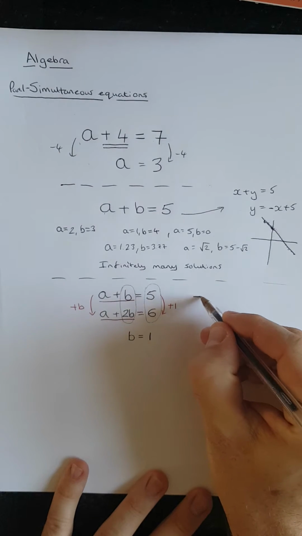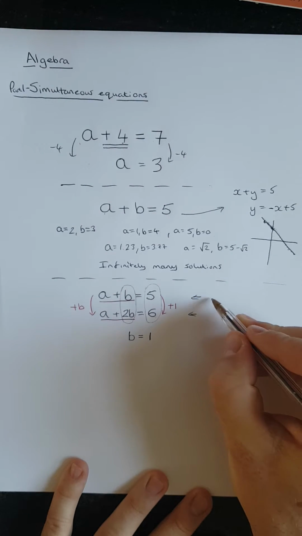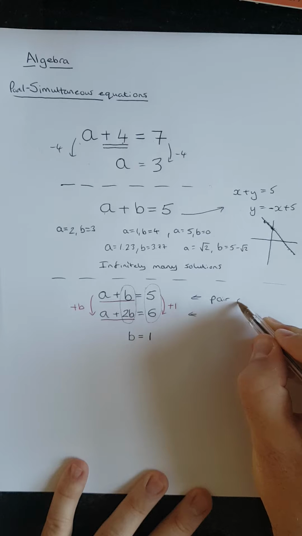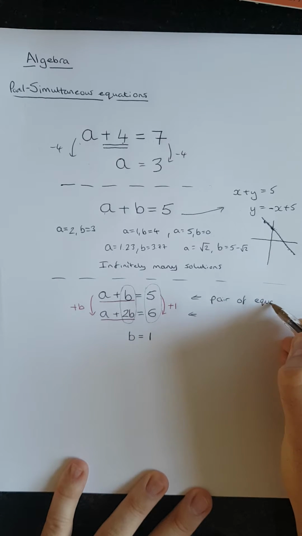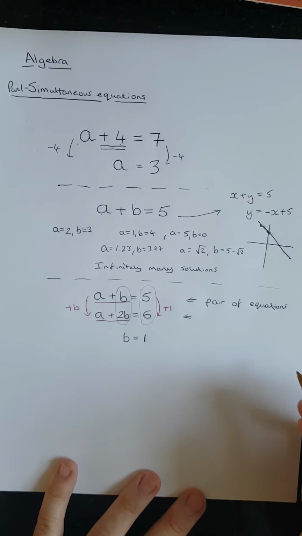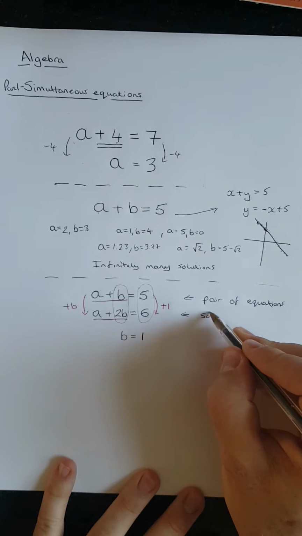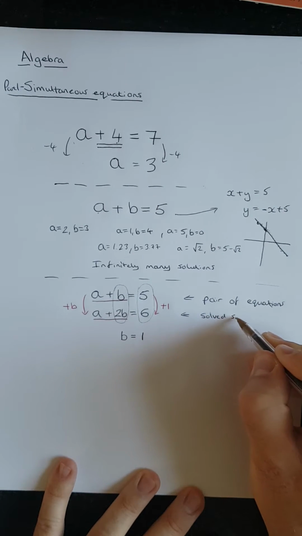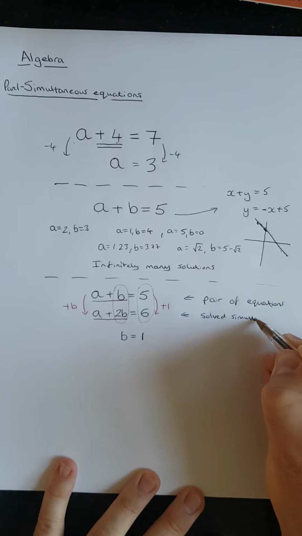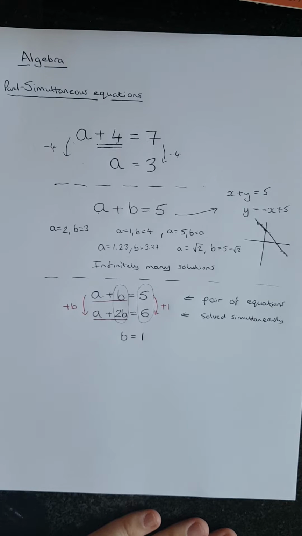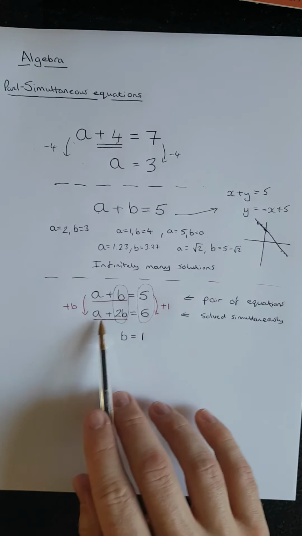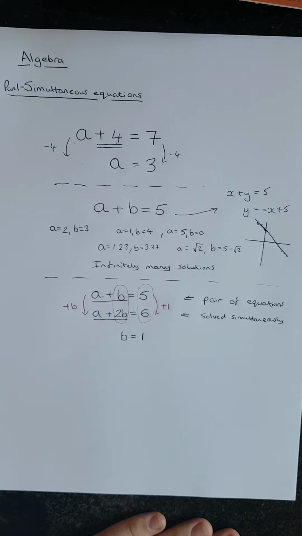What we did was we took a pair of equations and we solved them simultaneously. We solved them together. We used the information in one to help us work out the other.